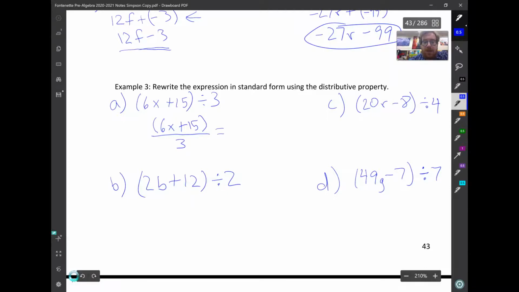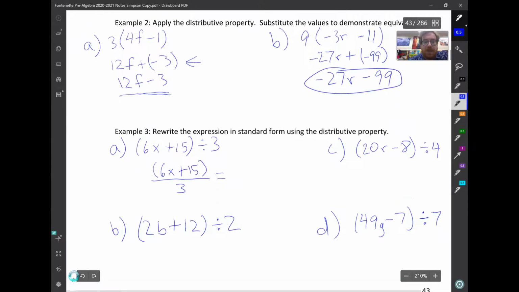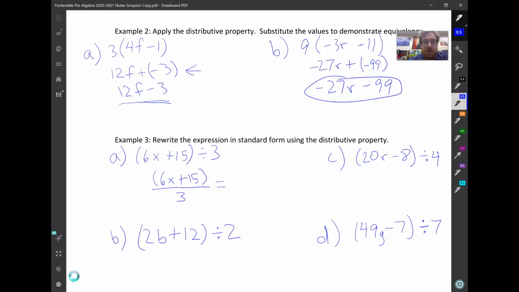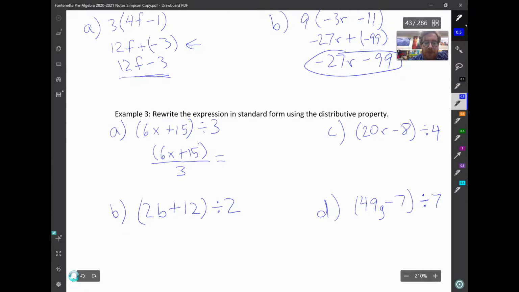And then it works very similarly to how the multiplication worked. You just divide each term by 3, and you distribute the 3 to each term. Instead of multiplying, now we're dividing. So 6x divided by 3 is 2x, and then 15 divided by 3 is 5.